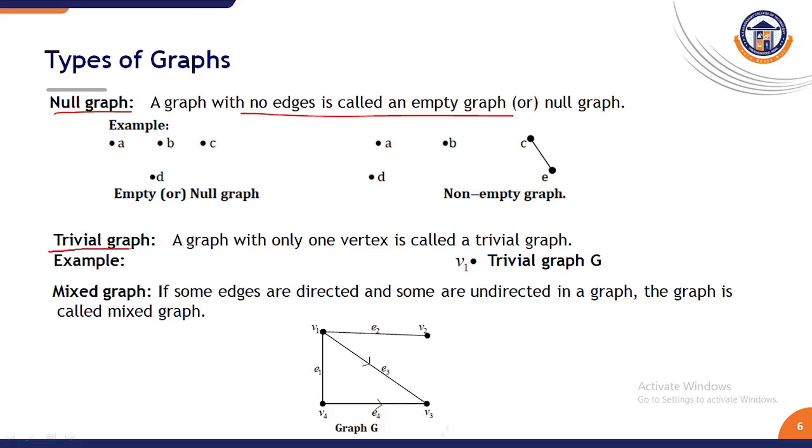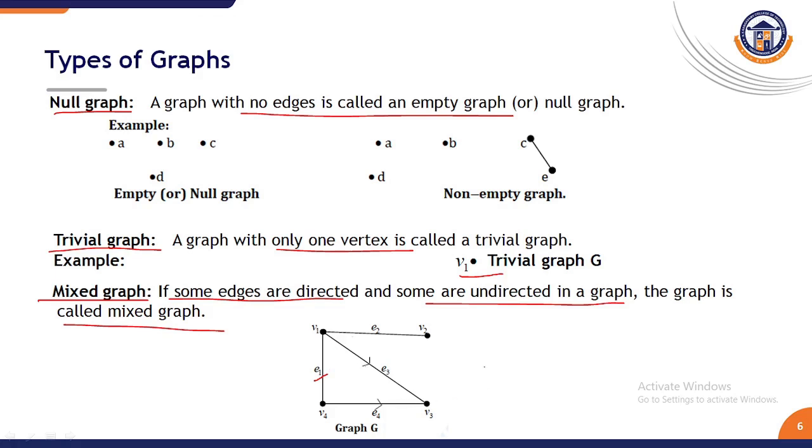Trivial graph. A graph with only one vertex is known as trivial graph. Mixed graph. If some edges are directed and some edges are undirected in a graph, then the graph is known as mixed graph. So this is the example for mixed graph. Here the edge E1 is not directed and E3 is directed.